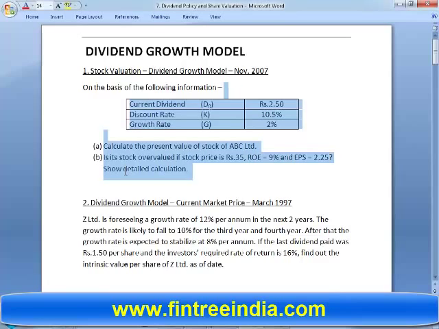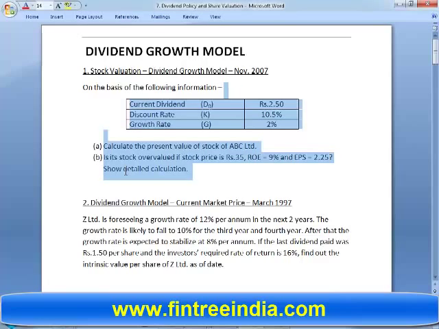So first write down in a tabular format EPS 2.25. EPS is in the particulars, amount would be 2.25. Below that write down ROE 9%. Then below that book value per share. So in the same column below that you can write down the formula. And what would be the formula for book value per share now?